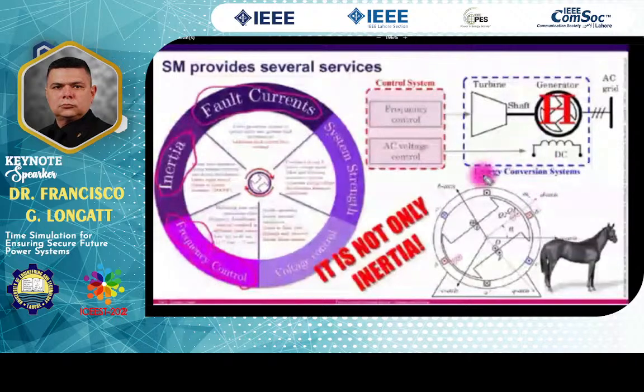Frequency control is extremely simple in the synchronous machine because it doesn't require so many sensors, digital signal processing, and so on. And also the system strength.